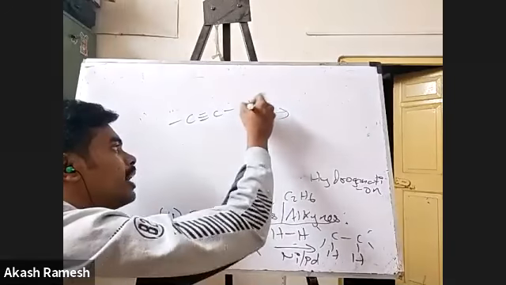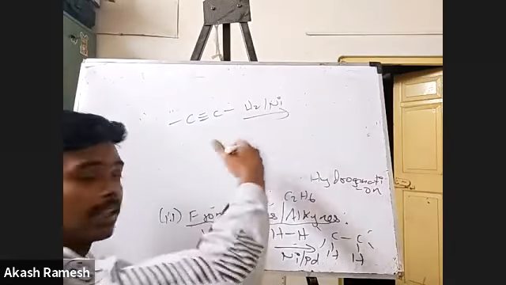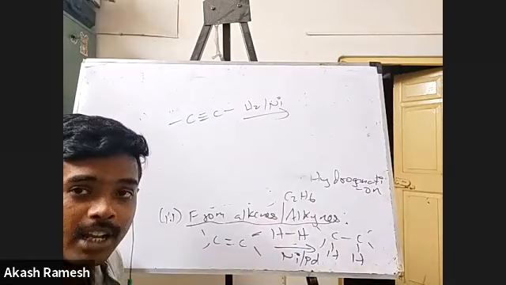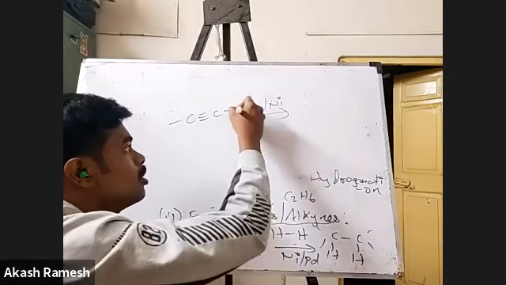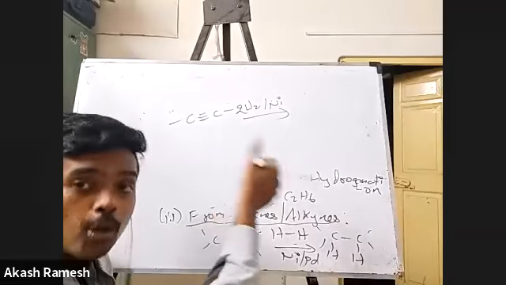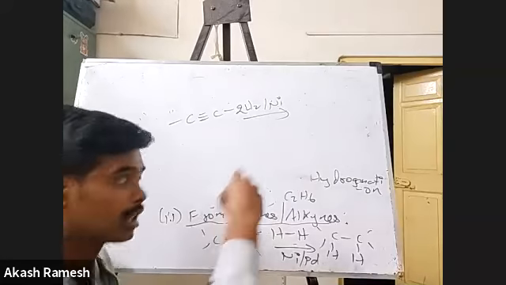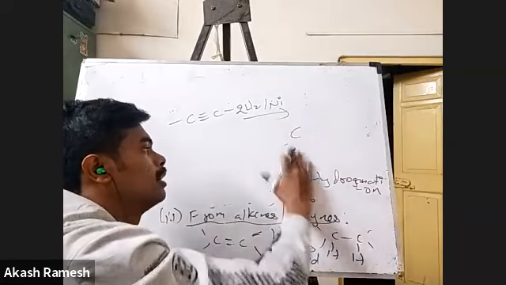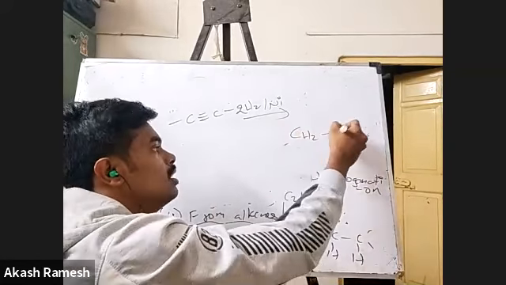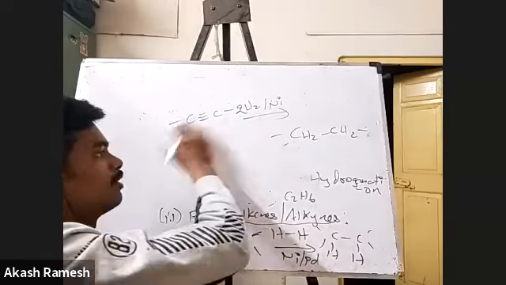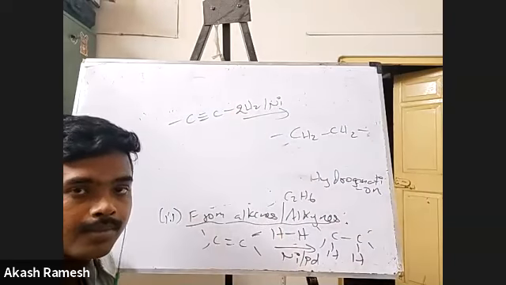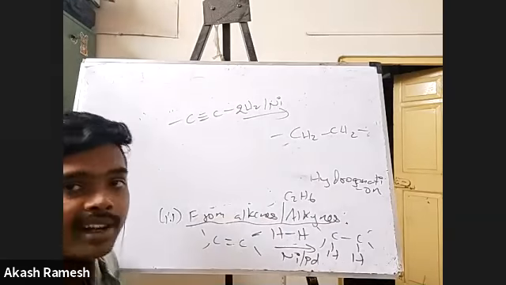Now, again, if I put H2 in the presence of nickel or H2 in the presence of palladium or platinum, again, you have to add 2 moles of H2 in this case, because you need to break 2 pi bonds and add 2 moles of hydrogen molecules. So again, you will be ending up with CH2, CH2, and the other group, whatever was left here. So again, that is also hydrogenation.